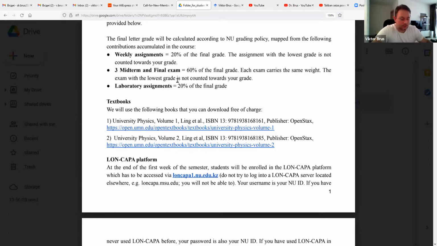And my strong recommendation: when you solve problems for weekly assignments and midterms, please derive the final equation first, and only afterwards substitute the given numerical values for parameters. That will help you avoid many steps where you calculate one equation and substitute parameters in the second, third and fourth. Every additional step gives higher chances to make a mistake or forget a number, and there is a very narrow range of accepted values for the correct answer.